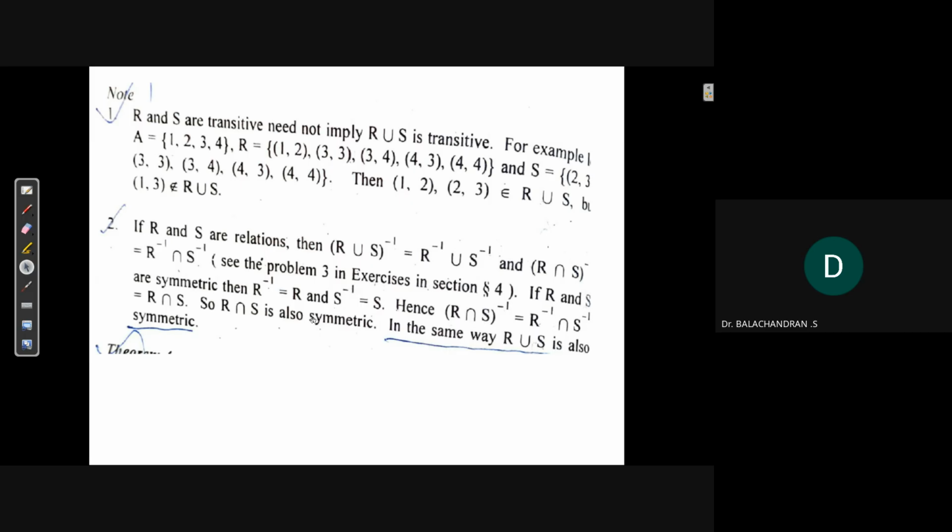But R inverse is the same as R, and S inverse is the same as S. So finally what we proved is (R intersection S) inverse is equal to R intersection S, and hence R intersection S is symmetric. Similarly, you can prove R union S is also symmetric.